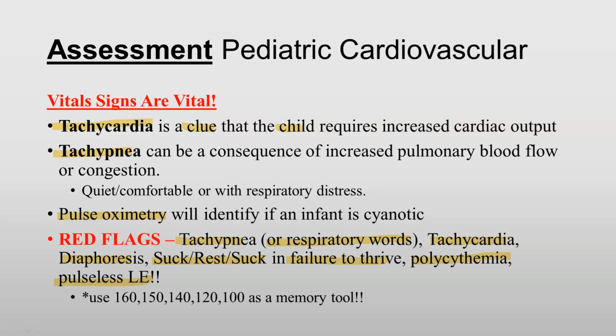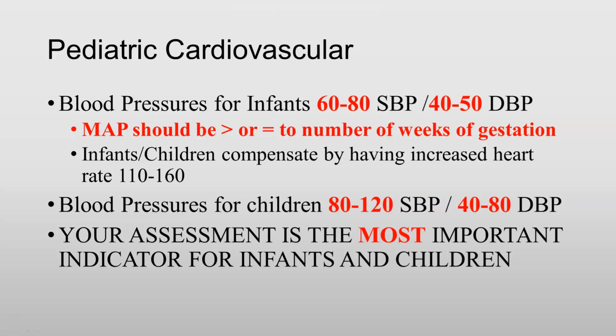I like to use just this memory tool. If I can remember 100 to 160, I'm going to kind of remember the ranges for an infant and for a child. So we'll look at that next. So with blood pressures, what we're looking for is somewhere between 60 to 80 systolic and a diastolic of 40 to 50.